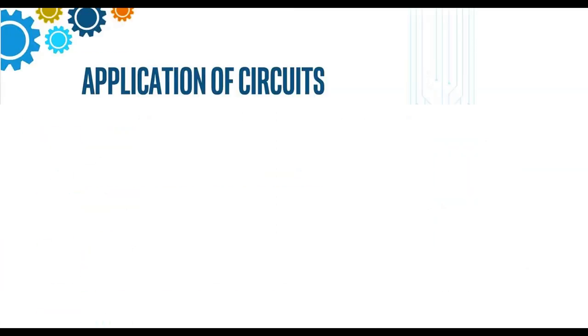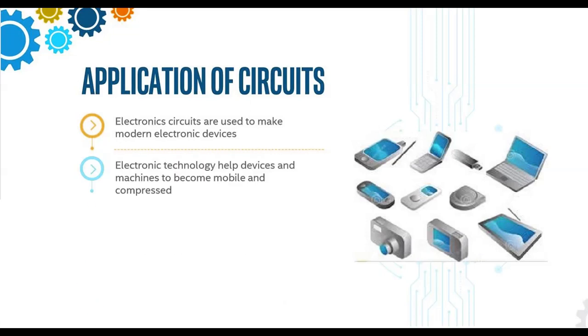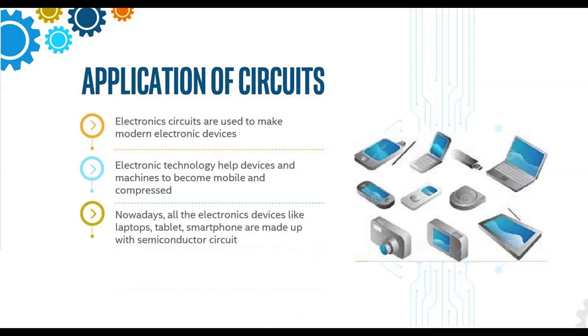As for applications of different circuits, electronic circuits are used to make modern electronic devices. Laptops and mobiles are modern electronic devices that can be designed using electronic circuits. Electronics technology helps devices and machines become mobile and compact. They should be small in size, as we use SMD components, which are very small.